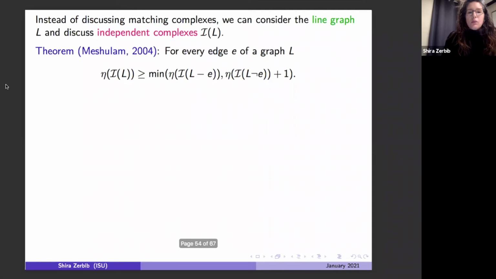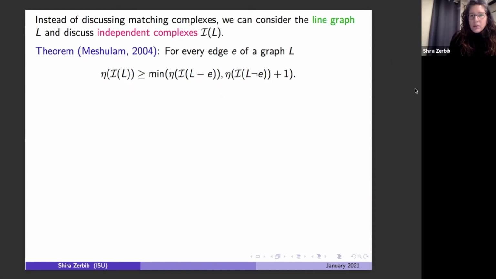So now, first, can you still see my slides? Okay, now it's okay. So instead of discussing matching complexes, we can go to the line graph and discuss independence complexes. This should be independence and not independent.